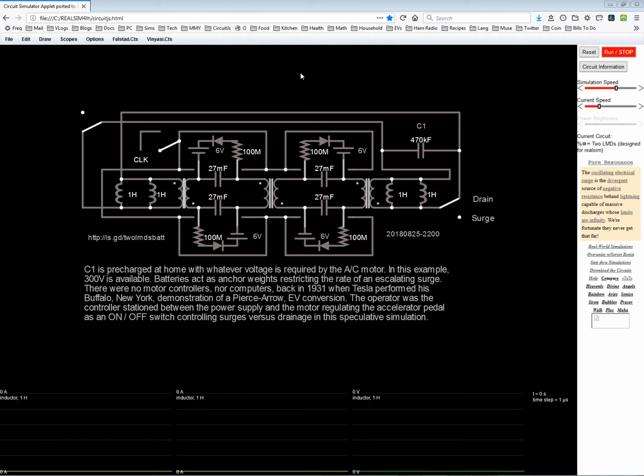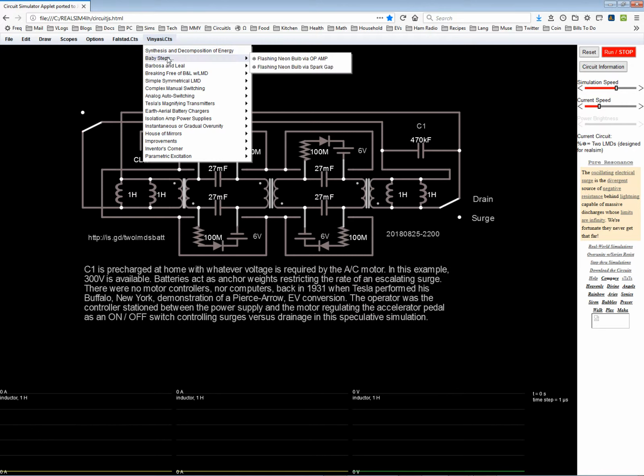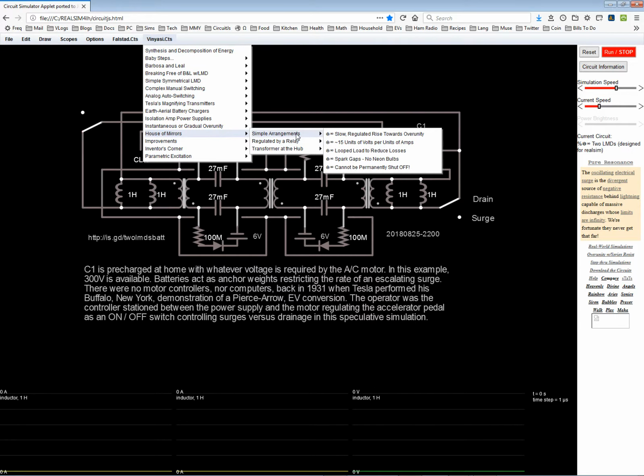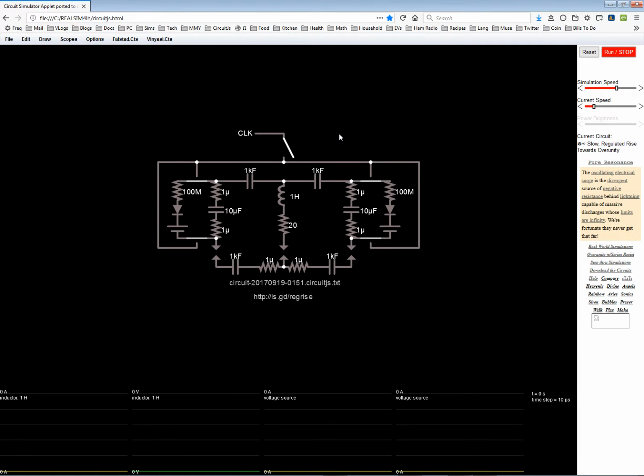So I borrowed an idea from my house of mirrors circuits, in which I use a battery with a reverse diode and a very high resistor in parallel with the capacitor of an arbitrary value in this case to regulate the surges that develop in this circuit.